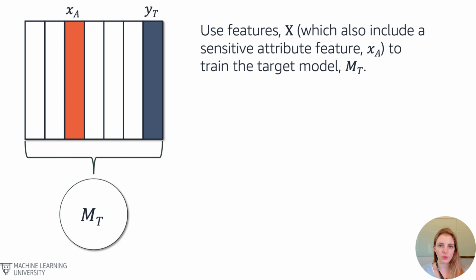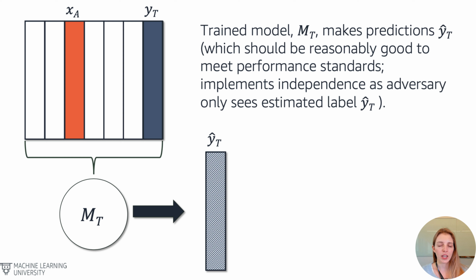On the far right, we have Y subscript T, and that's the target that we want to learn to predict. So the model M subscript T is now taking the inputs, all of the features, in combination with the target to create predictions Y hat T. And the idea is that if MT is a reasonably good model, then the predictions or the performance with Y hat T should be reasonably good.